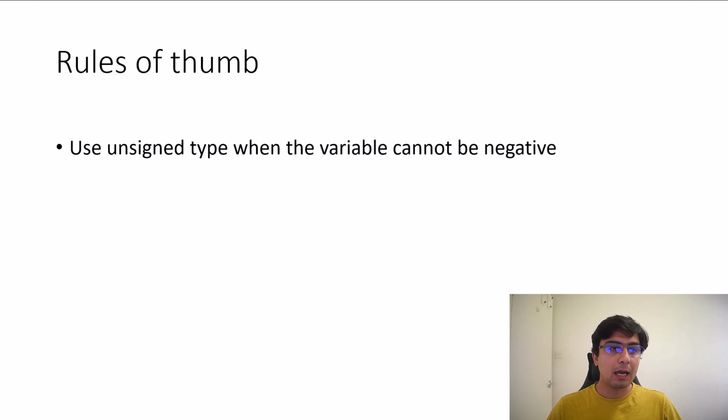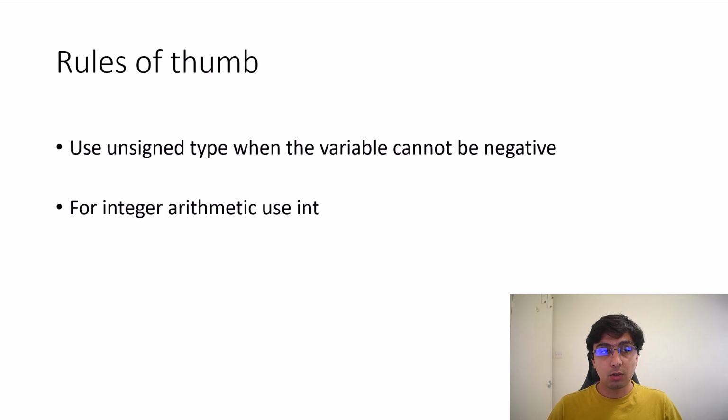Use an unsigned type when you know that the values cannot be negative, and use int for integer arithmetic. Short is usually too small, and in practice, long often has the same size as int. If your data values are larger than the minimum guaranteed size of an int, then use a long.